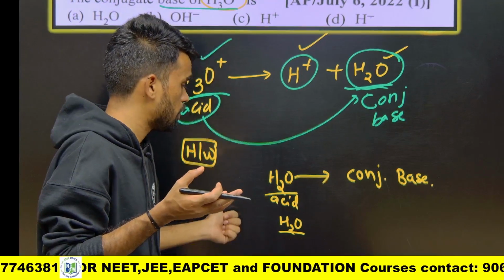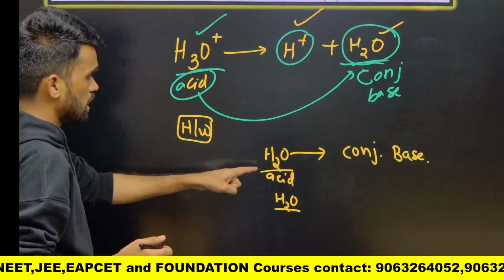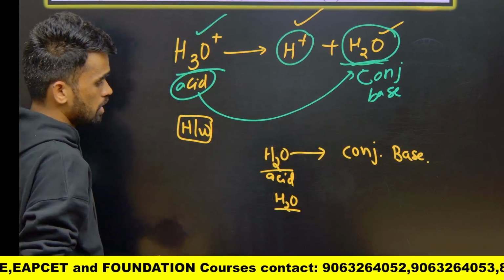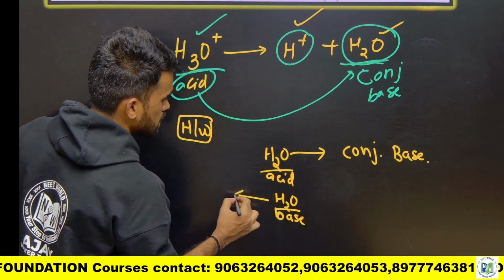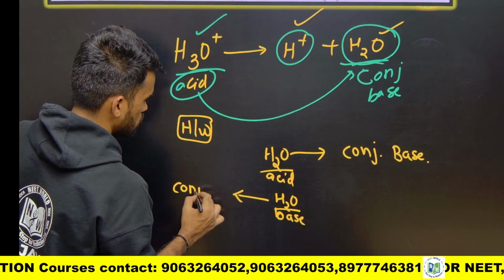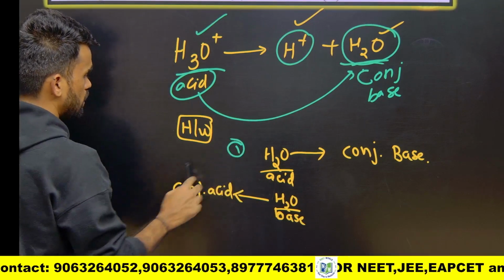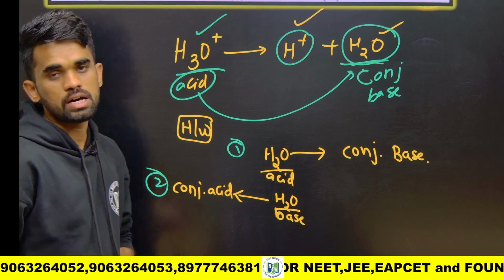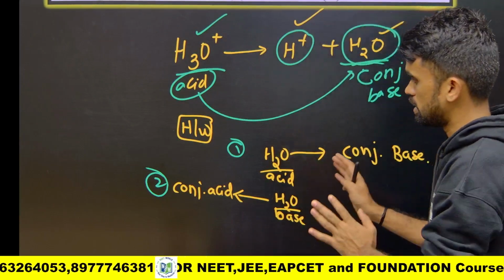You should avoid the confusion, that's why I am making these questions. If this is an acid, what is its conjugate base? If this is a base, what is its conjugate acid? So these are the two questions, 1 and 2. Okay, you need to answer in the comment box. I will be expecting answers from you for these two questions.